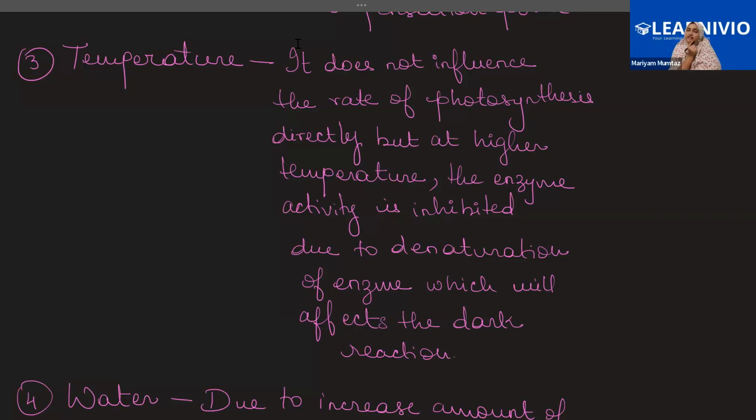So all in all, we can say that temperature has an indirect effect on photosynthesis, mostly in the dark reaction, because we know that the enzymatic activities all take place in the dark reaction, isn't it? What is the other name for dark reaction, students? Tell me.